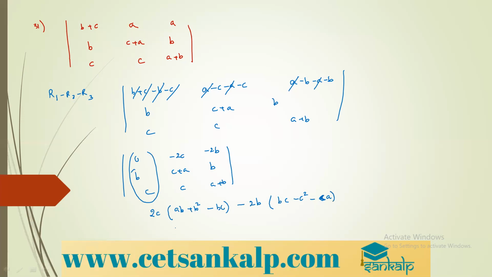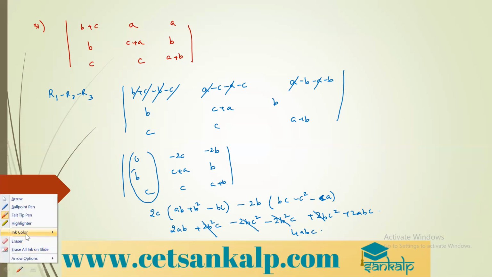This is what you have. You can take 2ABC plus 2B square C minus 2BC square minus 2B square C plus 2BC square plus 2ABC. So these cancel, and you are left with just 4ABC. That would be the answer.